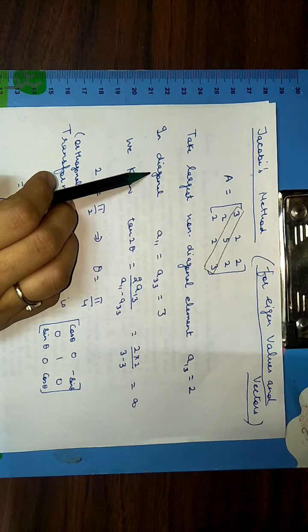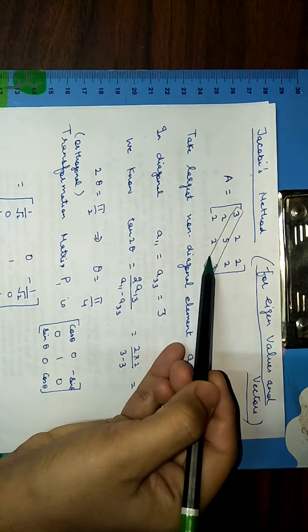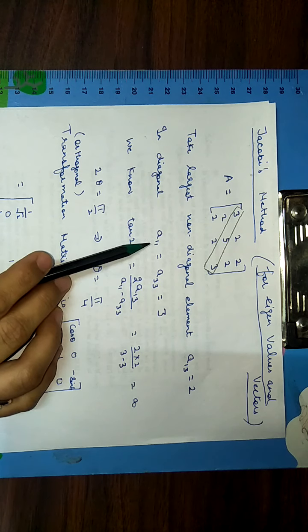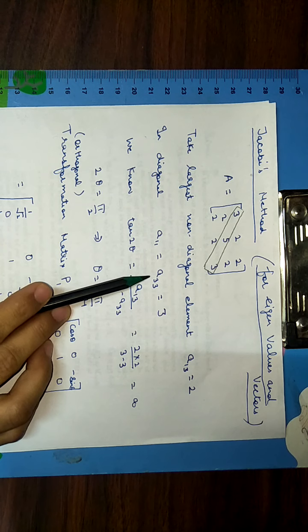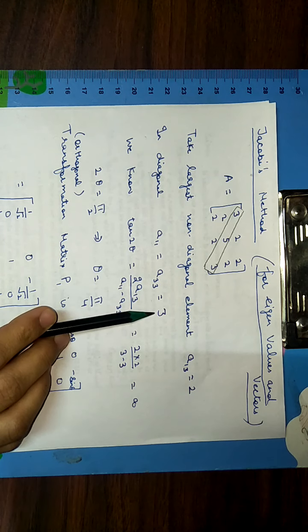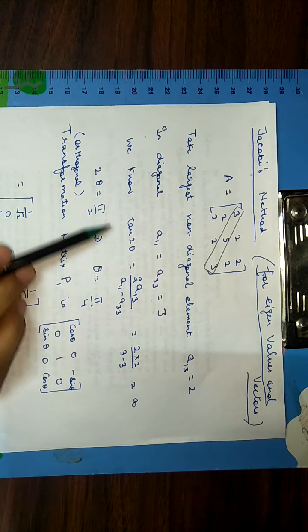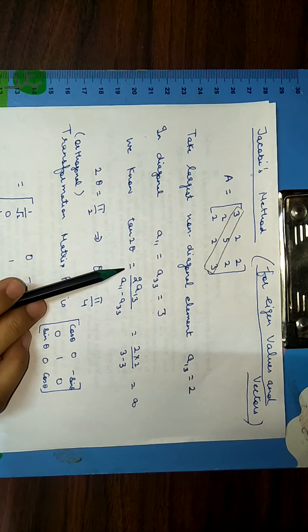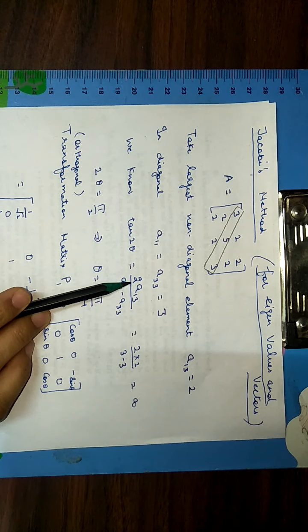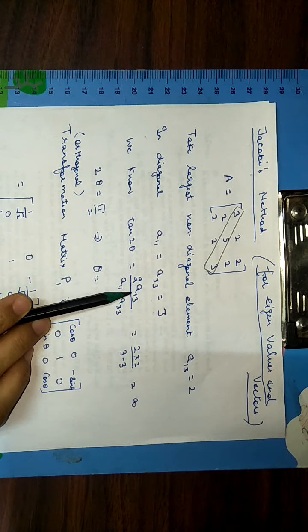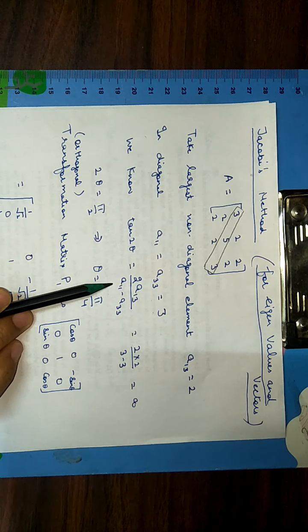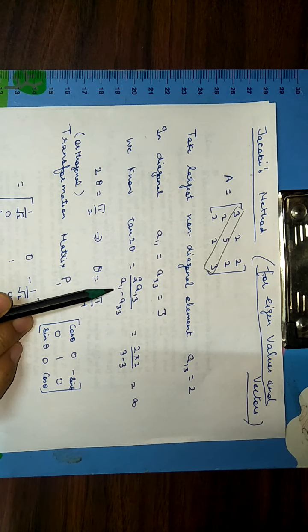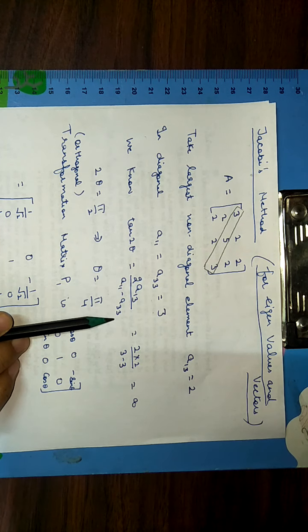So now in the diagonal, which elements are equal? That is A11, which equals A33, and its value is 3. So we know that tan 2 theta equals 2 times the largest non-diagonal element, that is A13, upon A11 minus A33.